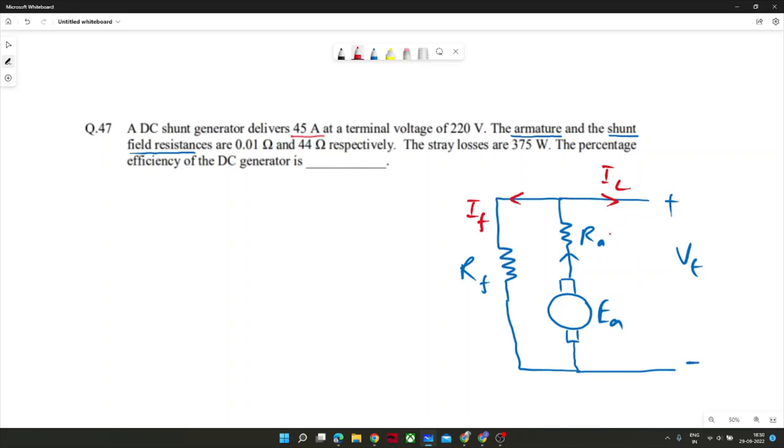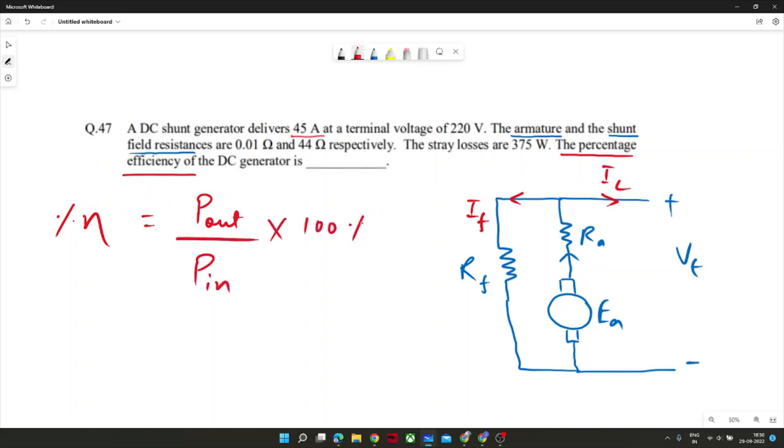Another is the power component, that is, your line current due to VT and IL. So we need to calculate the percentage efficiency. So efficiency, we know, is P out by P in into 100%. So this is our efficiency figure.